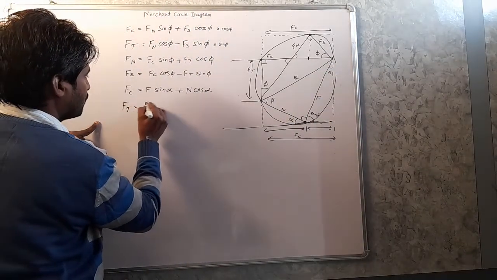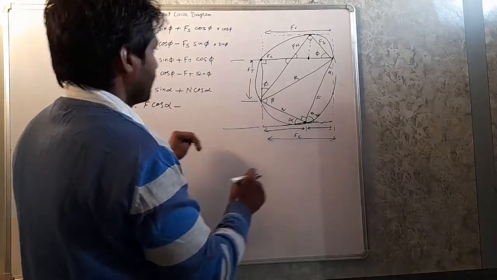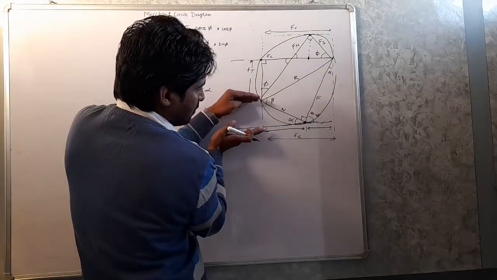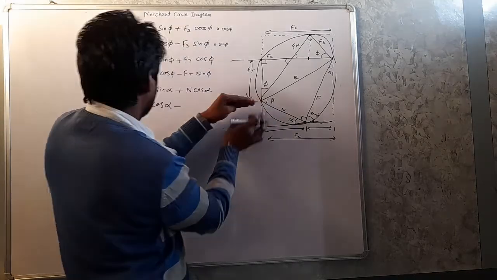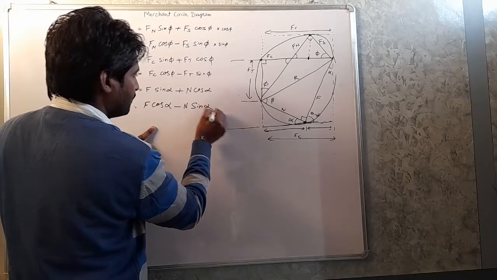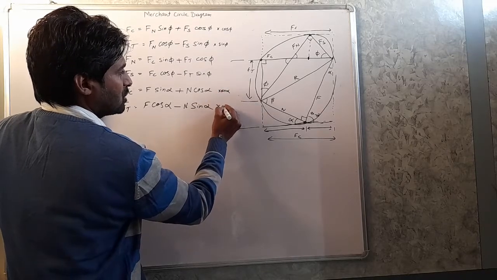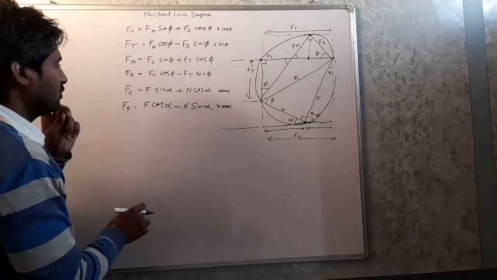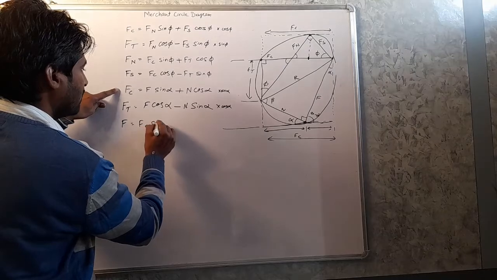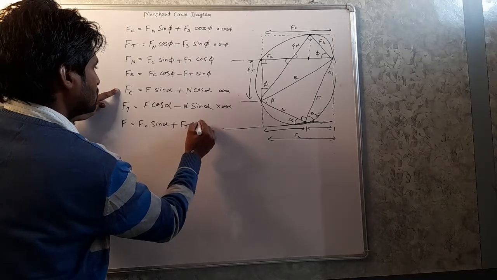Ft is equal to F cos alpha minus this one, second part, this length, this is N sin alpha. Now multiply the first one by sin alpha and the second one by cos alpha and add. This will give the value in term of F equal to Fc sin alpha plus Ft cos alpha.